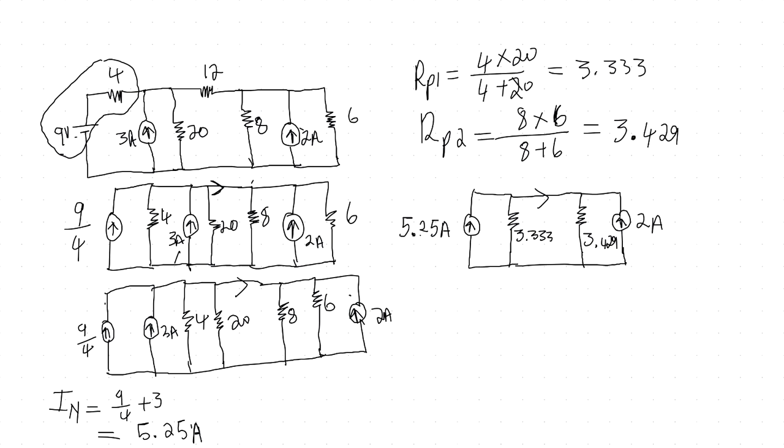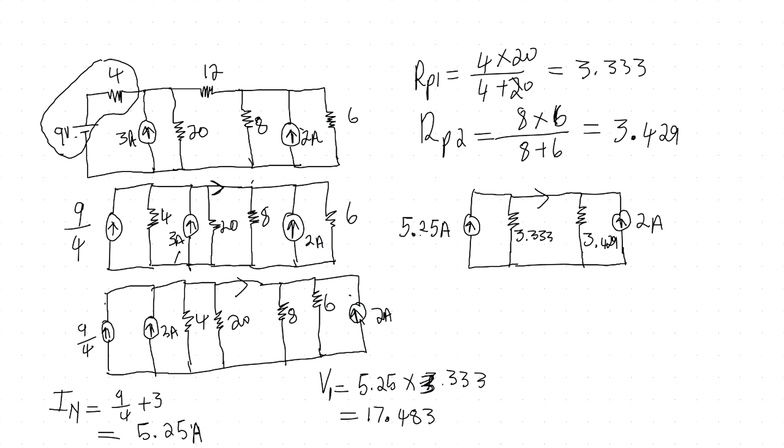So converting these to voltage sources, voltage source one is equal to 5.25 times 3.33, which is what? 17.483 volts. Okay.